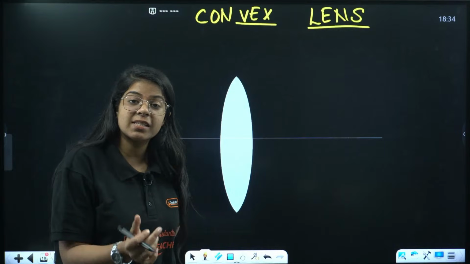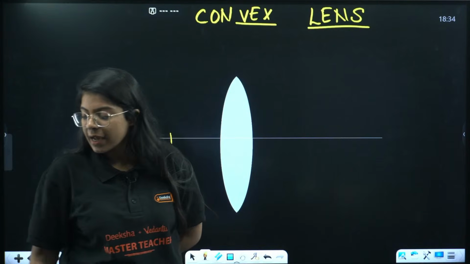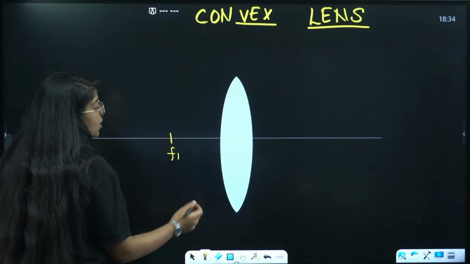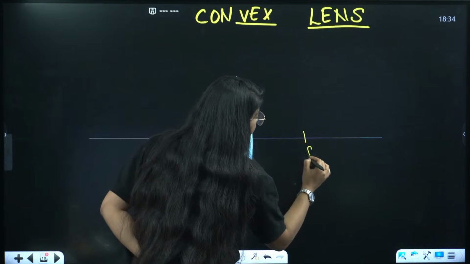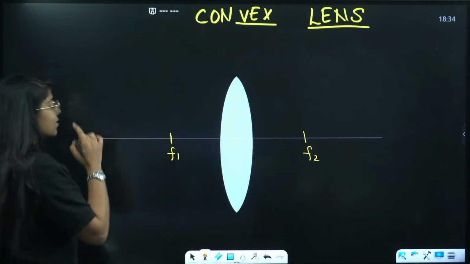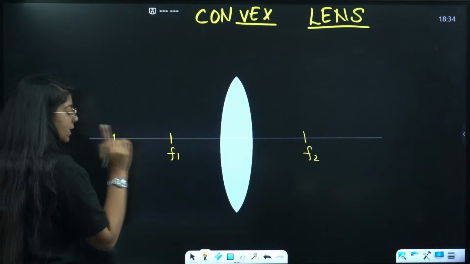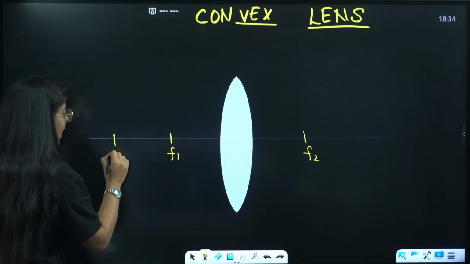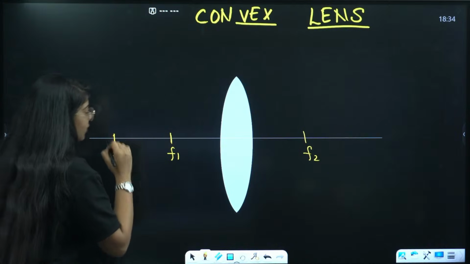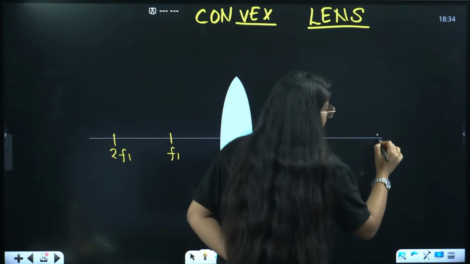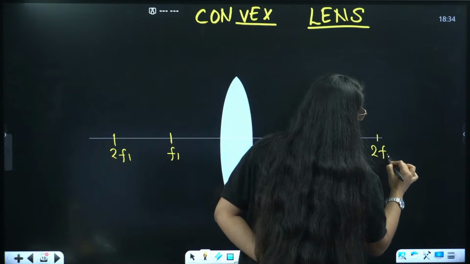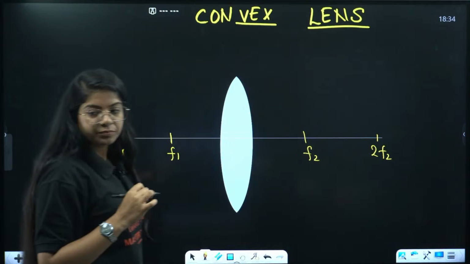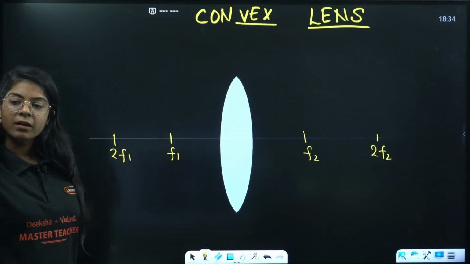But in case of lenses, it is passing the lens. So here we also have f2. And instead of writing C as center of curvature, we write 2f1. And then here it will be 2f2. Done? ठीक है?